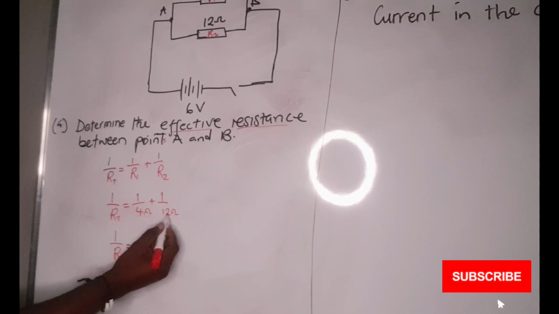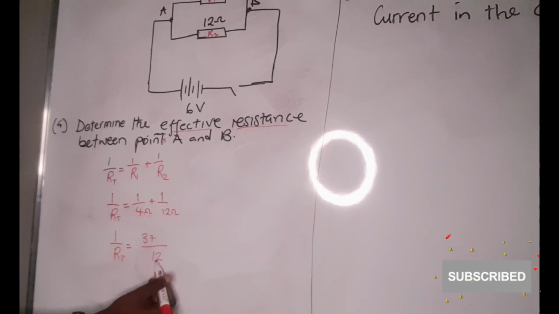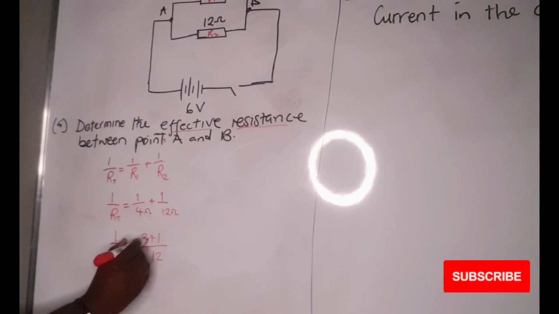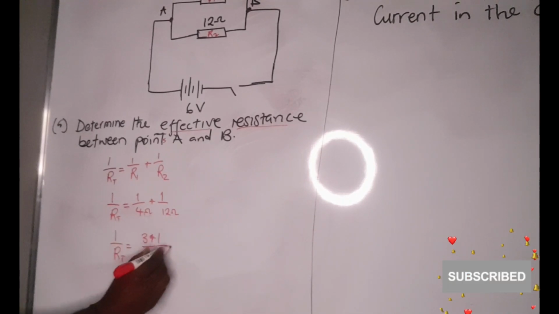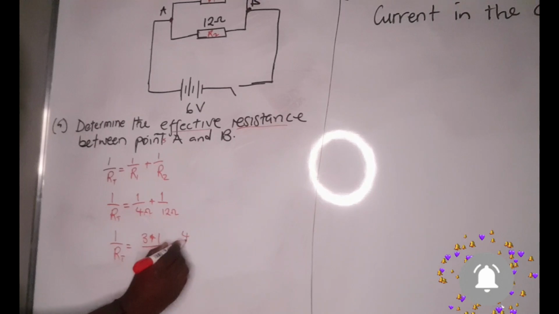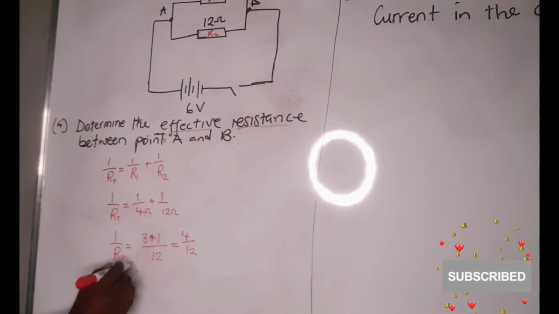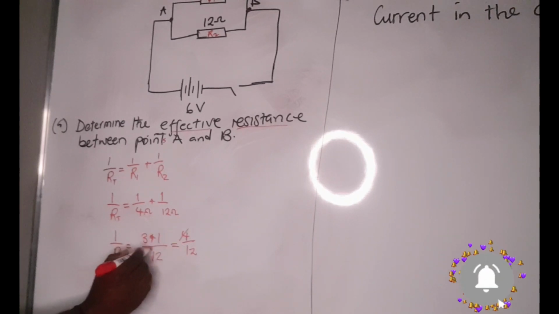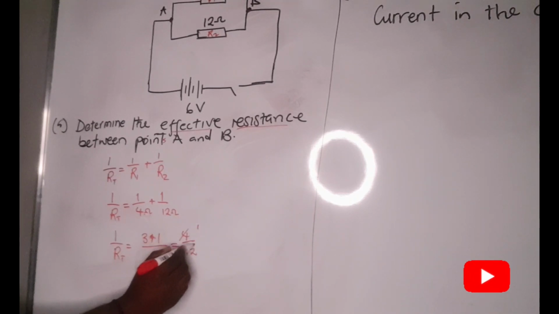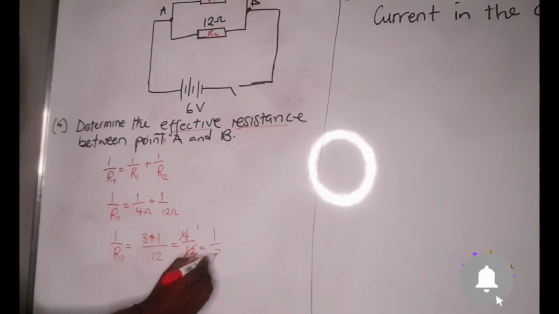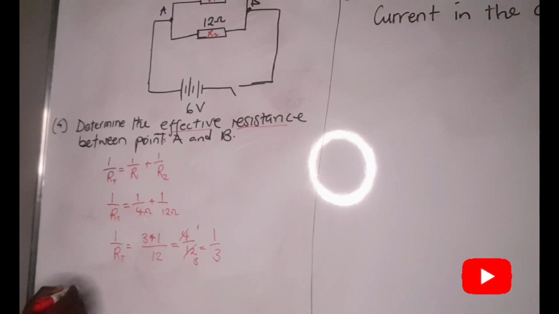Then 12 into 12 is 1, 1 times 1 is 1. So here we are going to have 4 divided by 12. Now when you cancel out 4 there, 1, 4 there, 3, it means we have 1 over 3.